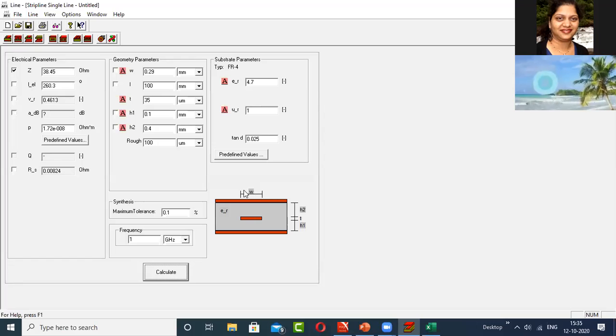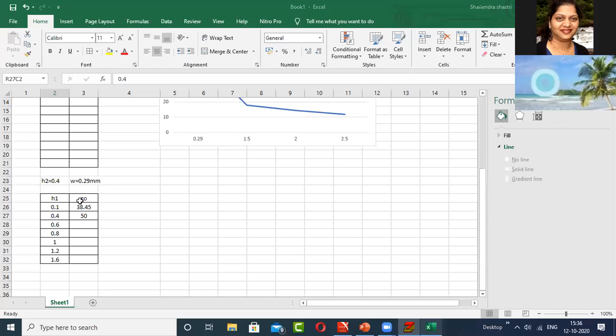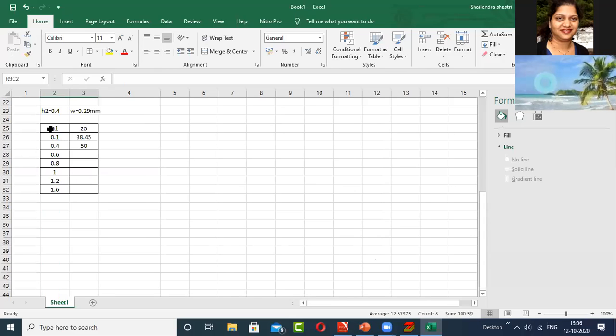Okay, so we have analyzed the effect of variation in width on the characteristic impedance. Then having asymmetric thickness of the line, that is when H2 or H1 is smaller than the other one, what happens? And the next is dielectric material. So these two relations, width versus characteristic impedance, then height versus characteristic impedance.